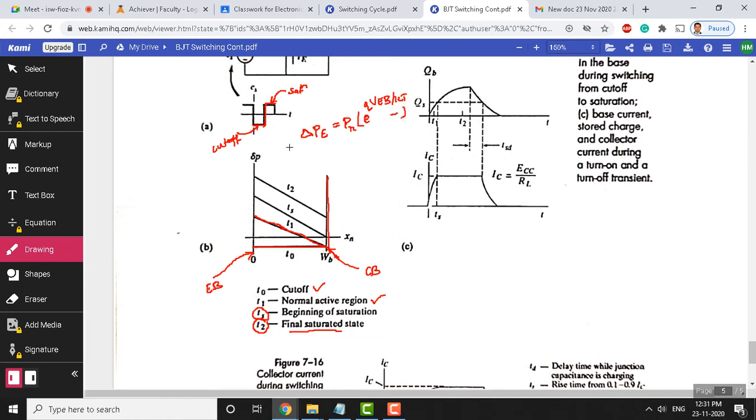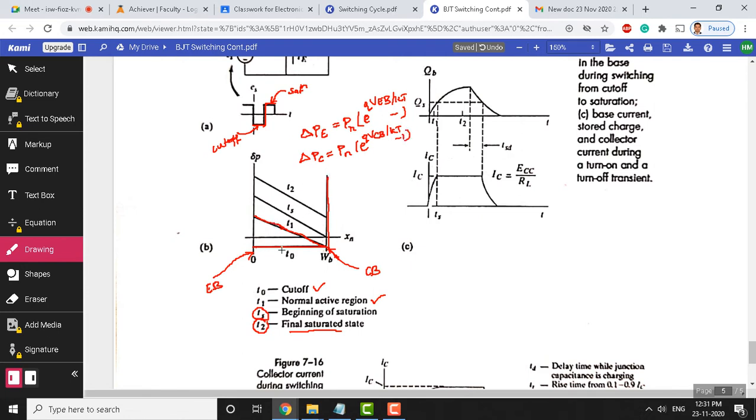This is the excess hole distribution at the emitter junction, and the excess hole distribution at the collector junction is given by P n times (e to the power of Q V C B by K T, minus 1). This is the excess hole distribution at the collector base junction.